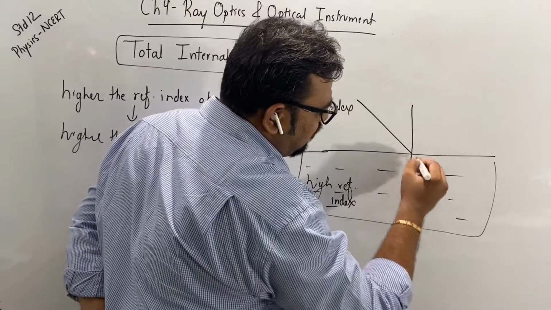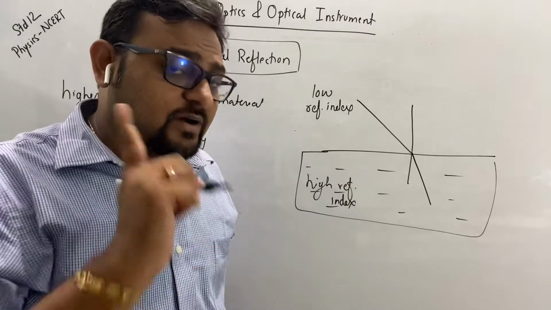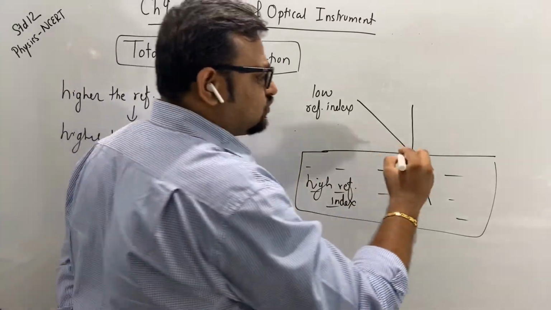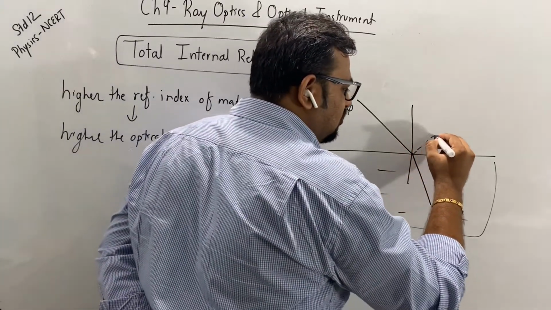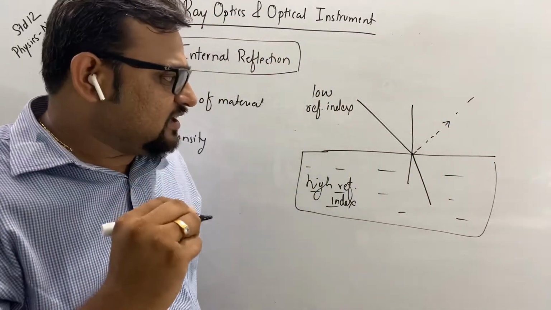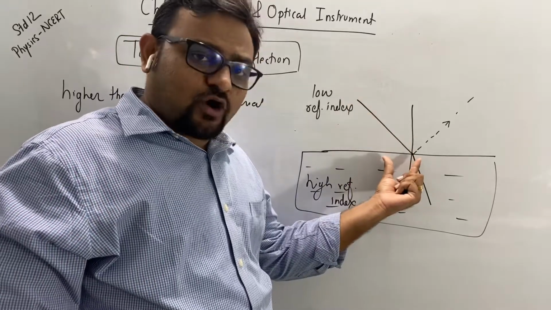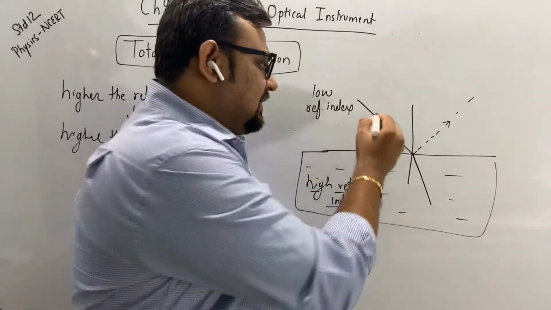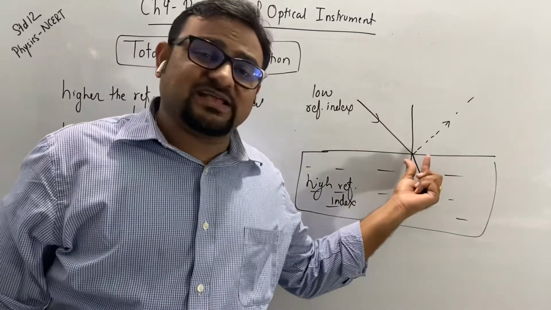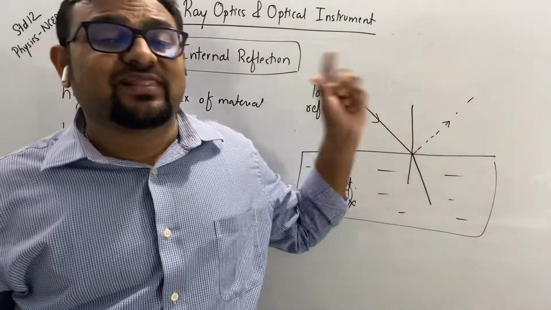A part of it is refracted here, but a smaller portion is also reflected. So when a ray of light is incident on the surface of water from air, a part of it is refracted and a part of it is reflected.